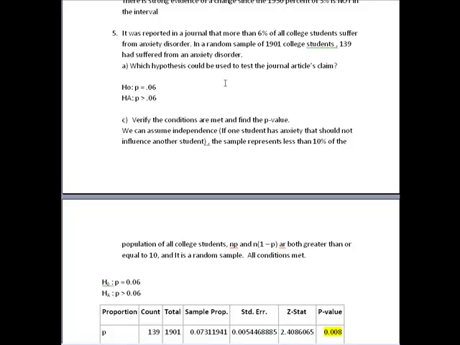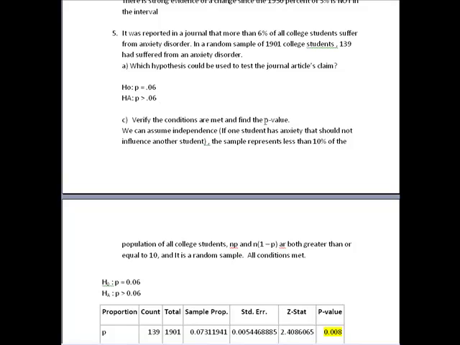Which hypothesis could be used to test the journal article's claim? Well, the null hypothesis always includes an equal sign, so we're going to hypothesize that the true percent is 6%. But the journal thinks it's more than 6%, so the alternative will be greater than 6%.